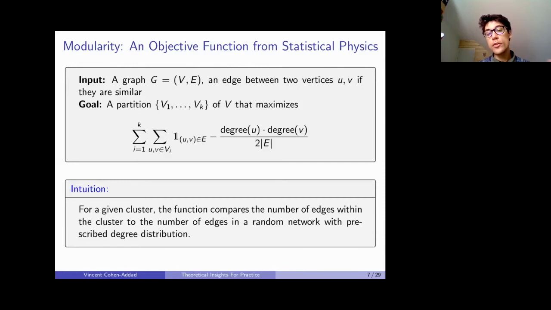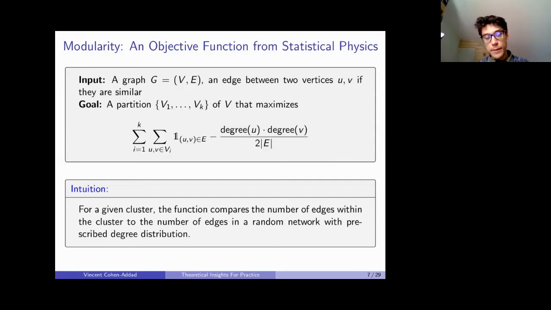If I build a random graph where the degree of u is d_u and the degree of v is d_v, then the probability of an edge between these two vertices is this. So it's a kind of null hypothesis you are comparing to. You are trying to see how many edges you have in your cluster versus what you would have in expectation.